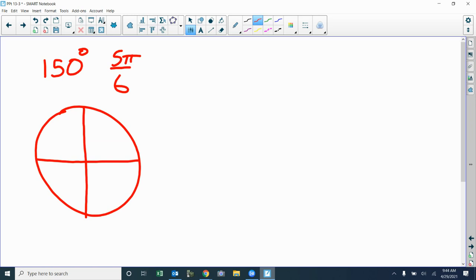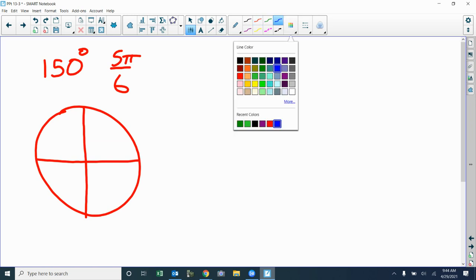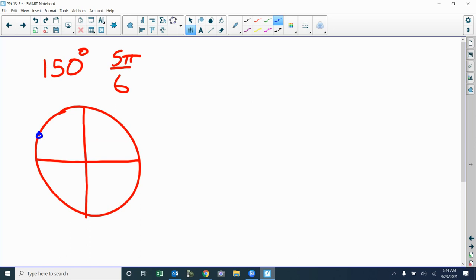But you gotta start not thinking about it. You gotta start kind of drawing it out and getting your angles. So we're looking at 150, which puts us right over here. See if you can get your x and y there.